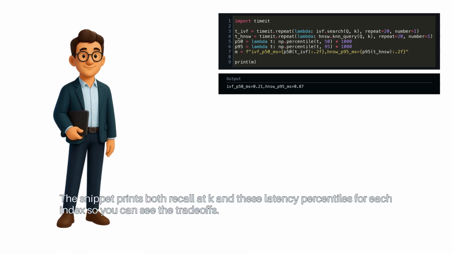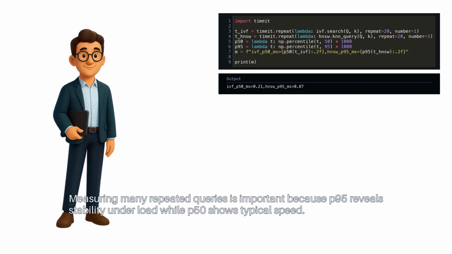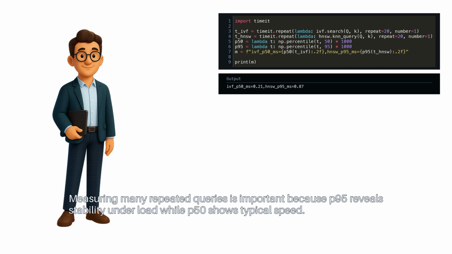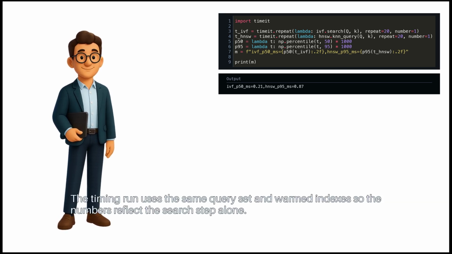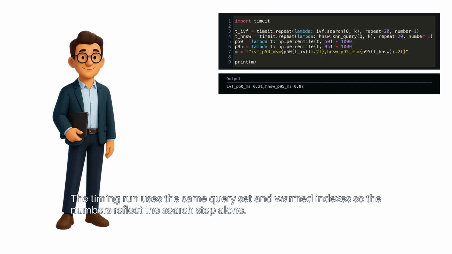The snippet prints both recall at K and these latency percentiles for each index, so you can see the trade-offs. Measuring many repeated queries is important because P95 reveals stability under load, while P50 shows typical speed. The timing run uses the same query set and warmed indexes, so the numbers reflect the search step alone.